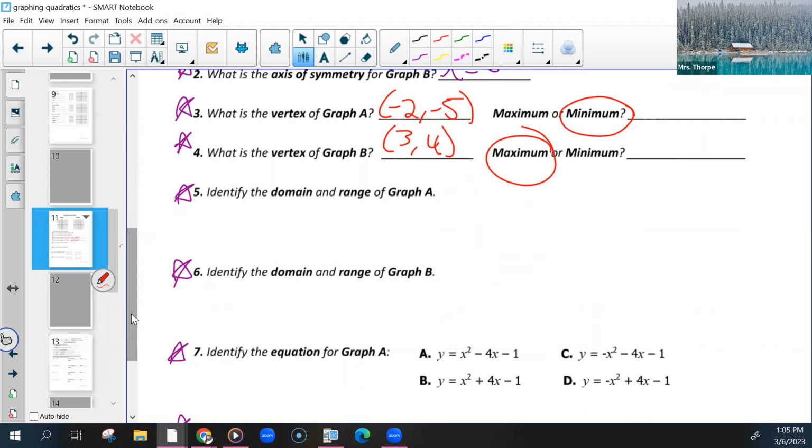Domain and range, the domain's gonna be the same for both, so we can go ahead and write what those are. The domain is always the same for quadratics, yes. When you get to algebra 2 and you learn all the different function families, that will change.